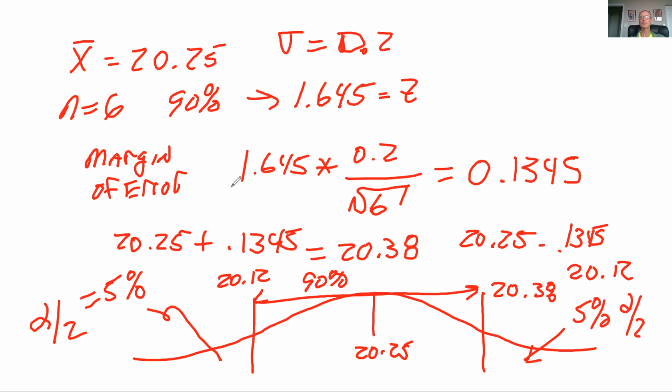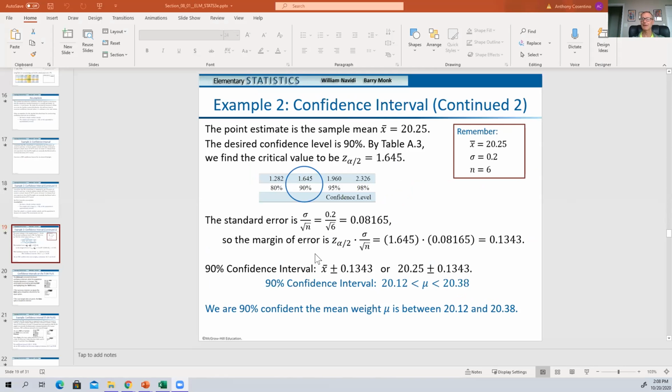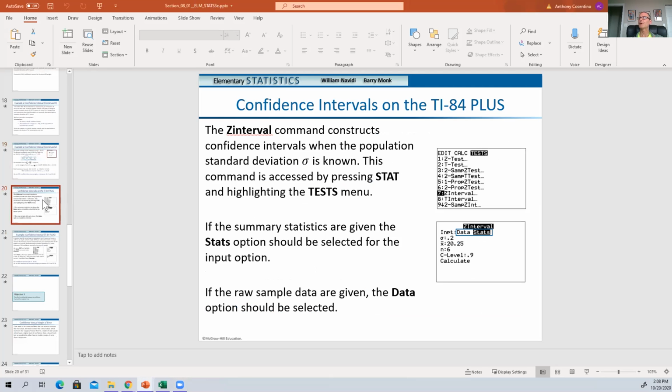Here's what the slides have for this calculation. I think it's important that you see the little graph as well. It keeps the idea of the symmetry and the 90%, where there's 5% on each side, in mind.